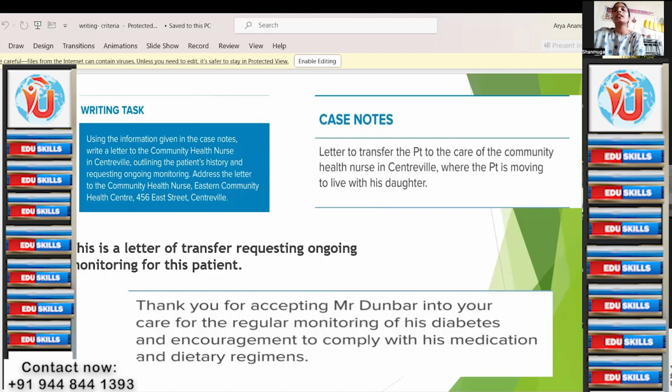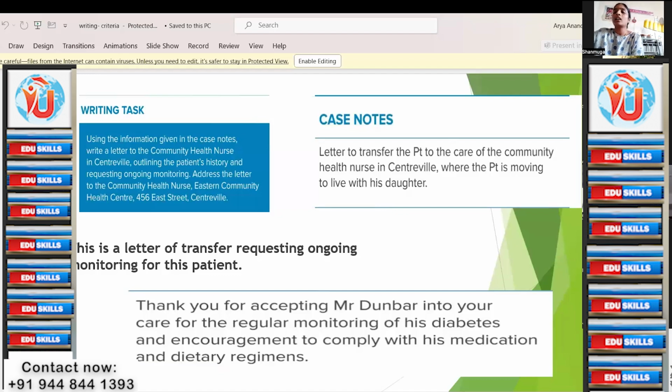We are requesting ongoing monitoring for this patient. If you read this case note, you will understand. Here is one piece of the case note: letter to transfer the patient to the care of a community health nurse in Centerville, where the patient is moving to live with his daughter. This is our purpose of the letter. You can find it from the case note.